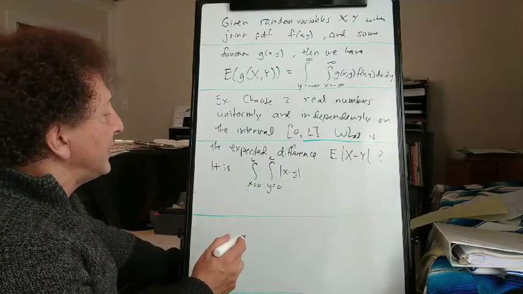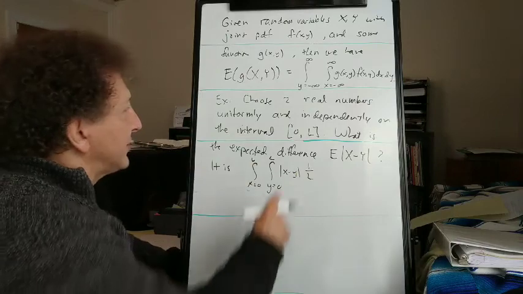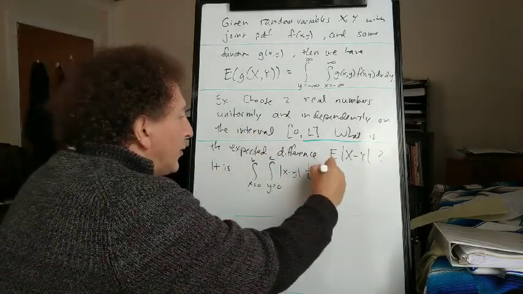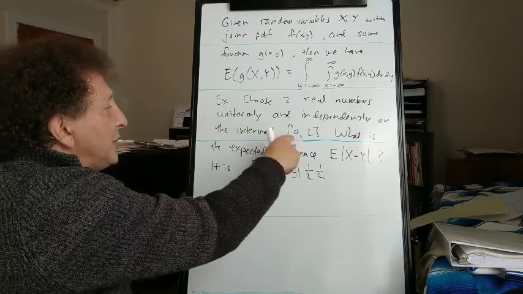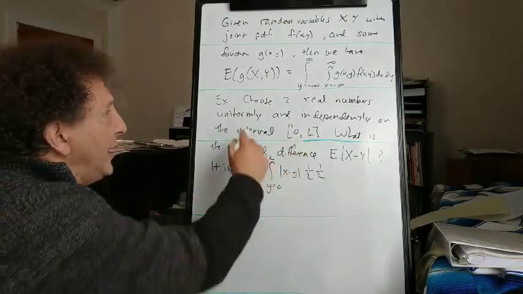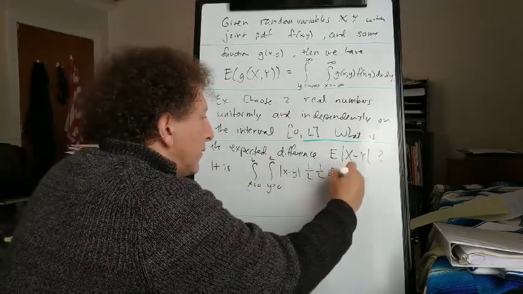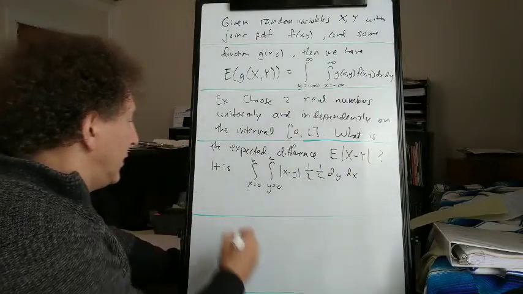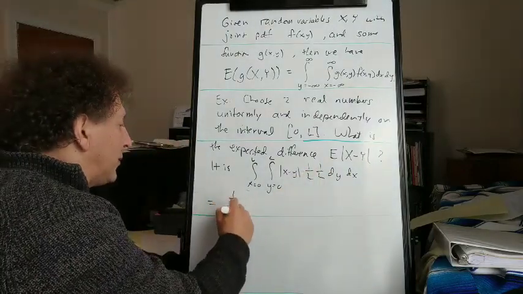So the density is 1 over L for x and 1 over L for y, because these are uniformly distributed on 0 to L. So the density function for any one variable is 1 over L, and independently, so we can just multiply the two densities. 1 over L squared is just a constant, so we can take that out.